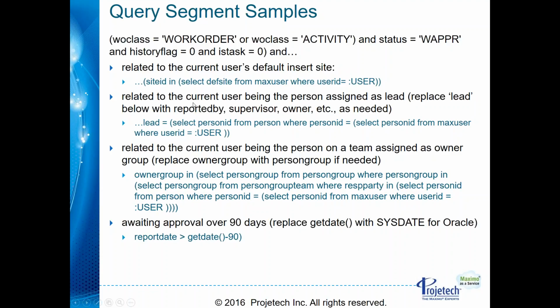Next segment is for cases where you want to be able to relate this to the current user that's been identified as the lead. You could easily replace this with reported by, supervisor, owner, and the other fields that use the person, and then the syntax will translate from who the current user is to their person ID in cases where the user ID, the login ID, and the person ID aren't the same.